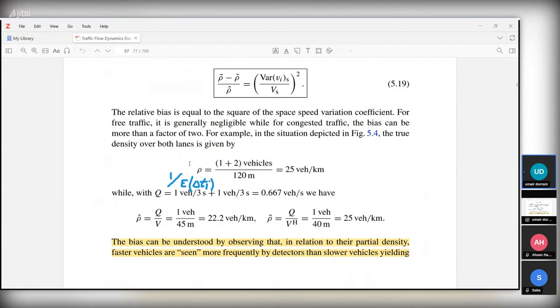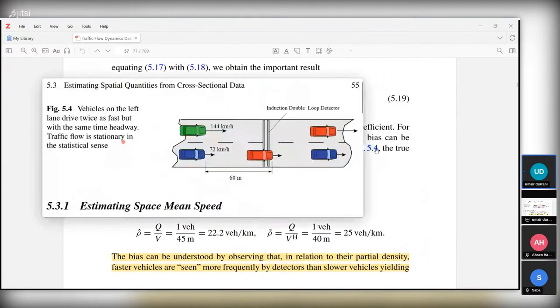And if we take the reciprocal of that, that is equal to the traffic flow. So based on this formula, we get one vehicle divided by 3 seconds. And where is 3 seconds coming from? 3 seconds is the time headway. The time headway is again based on this information that the space is 120 meters and the speed is 144.